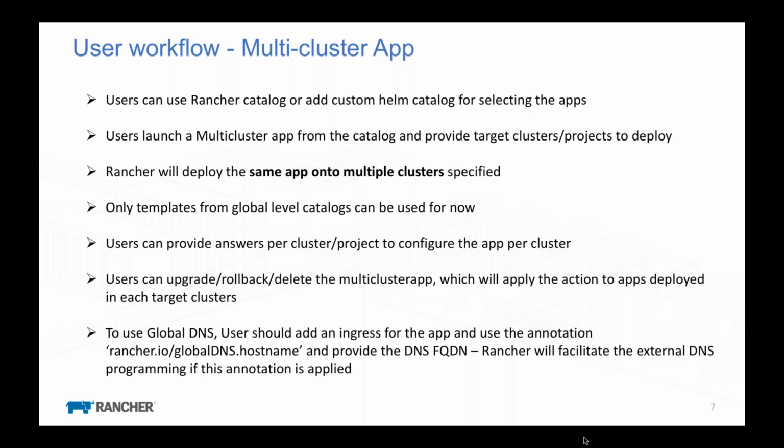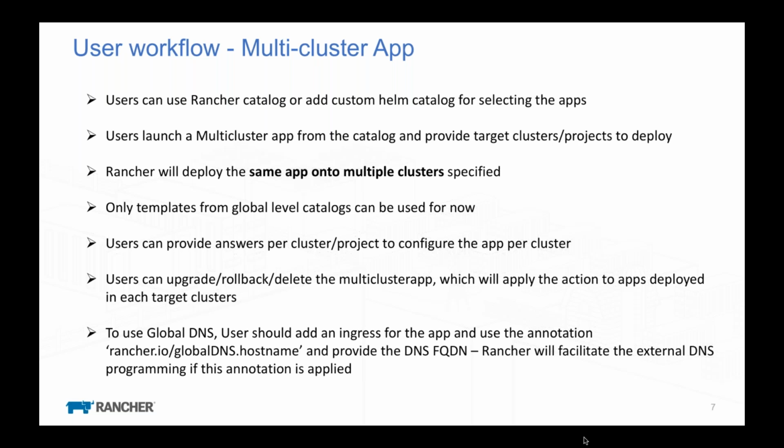Users can upgrade, roll back, or delete the multi-cluster app, which will apply the action to the apps deployed in each target cluster. So from a single interface, users can manage the multi-cluster app and apply all these actions to the applications running in various clusters.